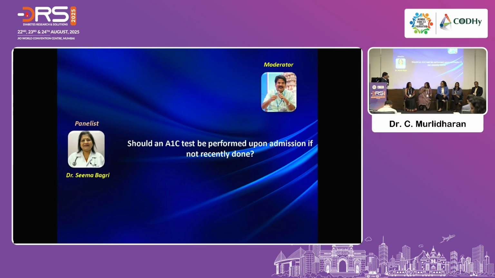Now, why should we do it? Number one, in all diabetic patients, it will show whether your diabetes was under control or not. And secondly, whether the patient has developed high blood sugar now in the hospital or whether the patient was having it prior to that. So it will differentiate between a diagnosed diabetic patient and stress hyperglycemia.